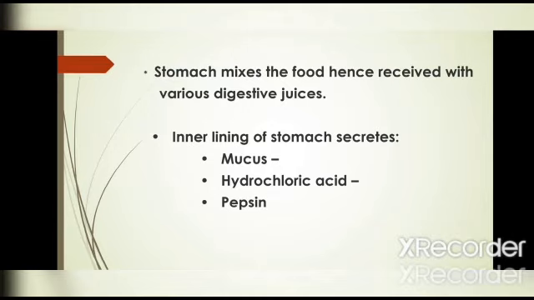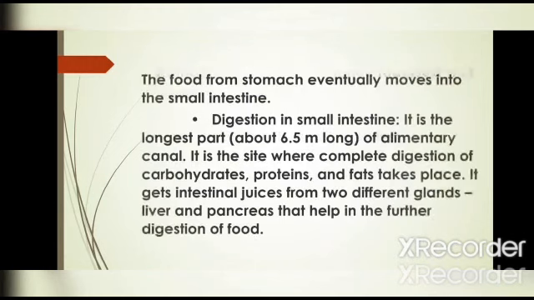The role of HCl is to provide acidic medium and also activate inactive pepsinogen into active pepsin. The role of pepsin is to break down the complex protein into amino acids. The food from the stomach eventually moves into the small intestine.